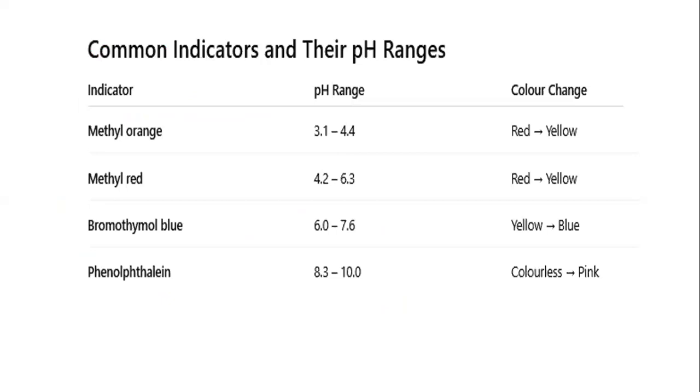Common indicators and their pH range: methyl orange, 3.1 to 4.4, red to yellow. Methyl red, 4.2 to 6.3, red to yellow.